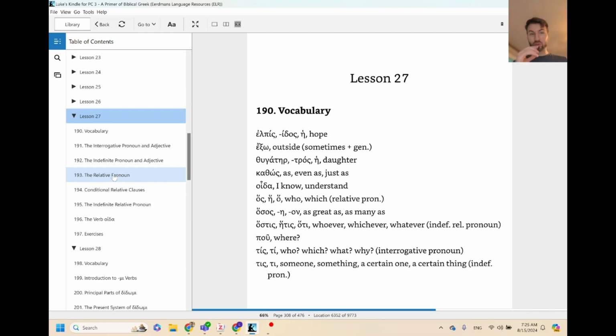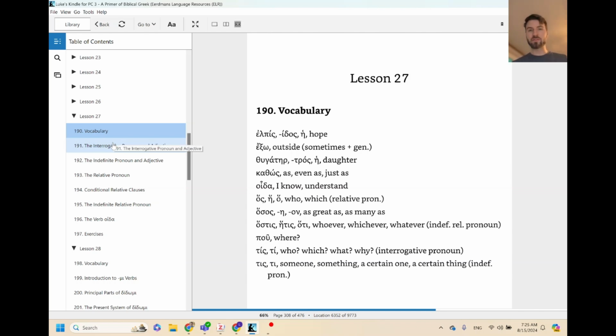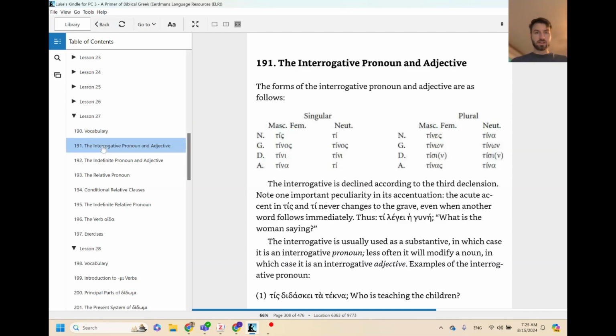So the things we're learning, you need to learn them, but they are kind of secondary to understanding the language. So you shouldn't be learning as much new information. It'll be more just learning new forms. So the interrogative pronoun, if you have been reading the Young's reader along with Croy here, you will have seen the interrogative pronoun a lot in questions.